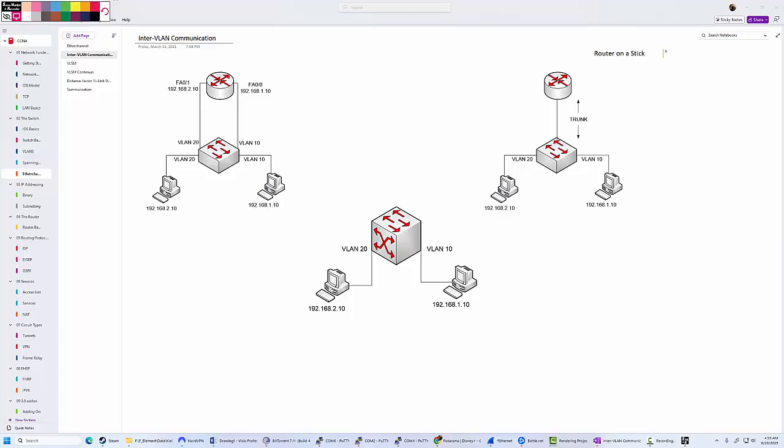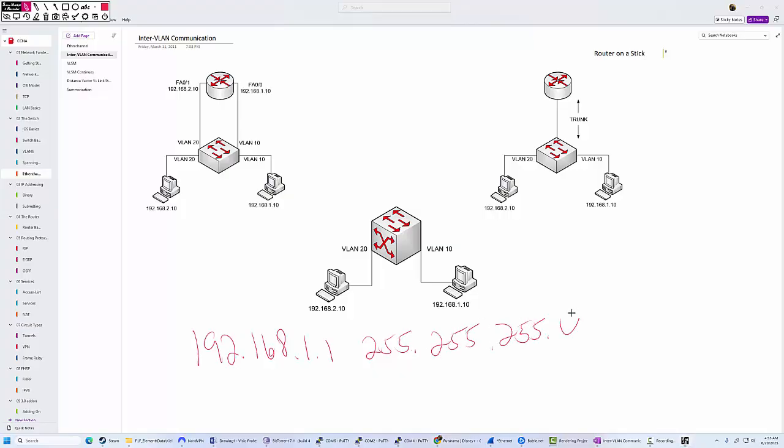First of all, let's go to red. Now, remember this: 192.168.1.1 with 255.255.255.0. Remember, in our subnet mask, 255s mean that this number must match, this number must match, this number must match in order to be on the same network.